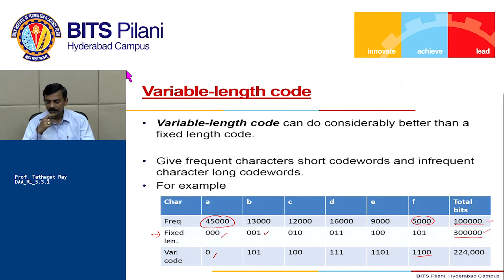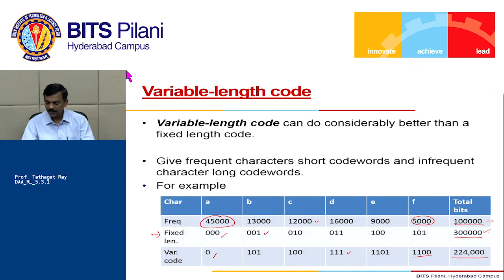If I do that, how many total bits will I require? 45,000 times 1 plus 13,000 times 3 plus 12,000 times 3, and 16,000 times 3 plus 9,000 times 4 plus 5,000 times 4, which turns out to be 224,000 bits.